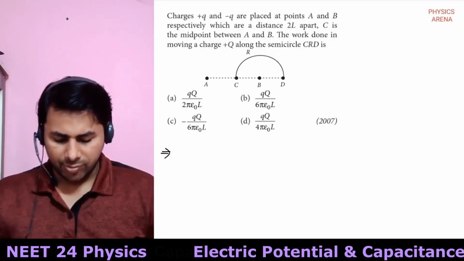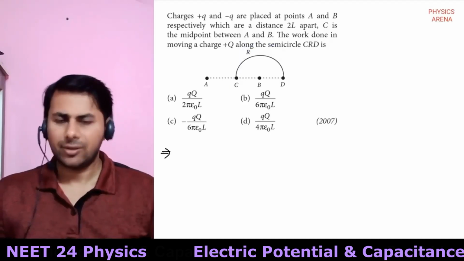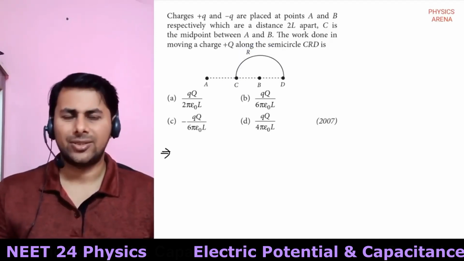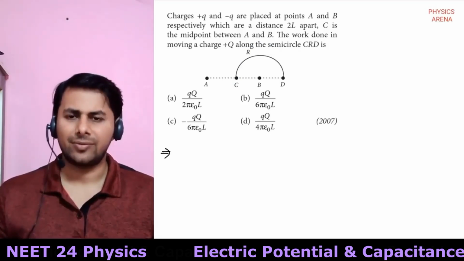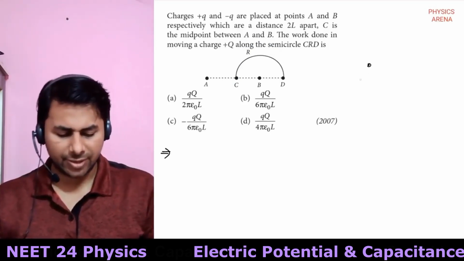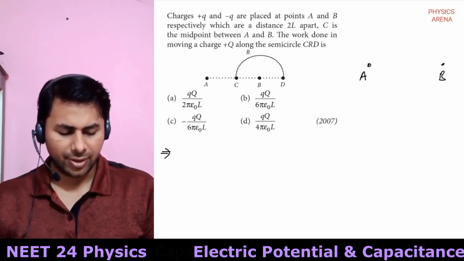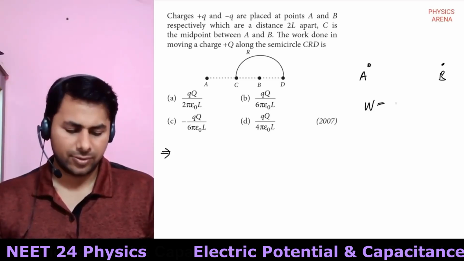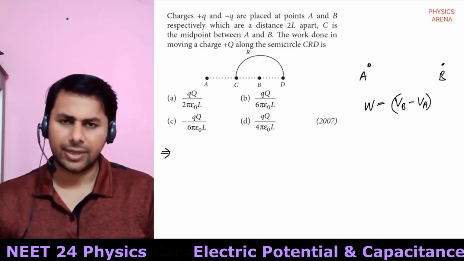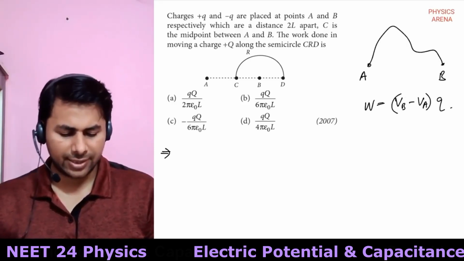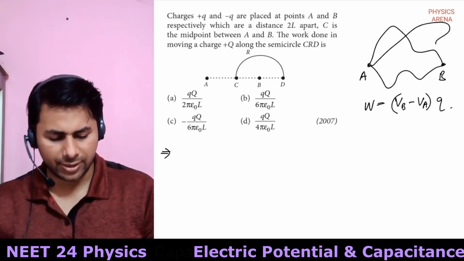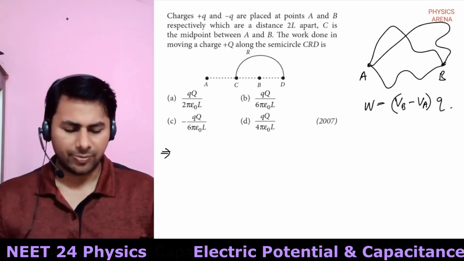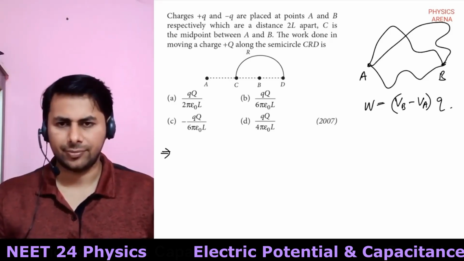Don't think about the path, work done for all paths is same. Suppose you are moving a charge from point A to B. How much is the work done? Work done is VB minus VA times Q. You move it like this, like this, doesn't matter. Path does not matter.